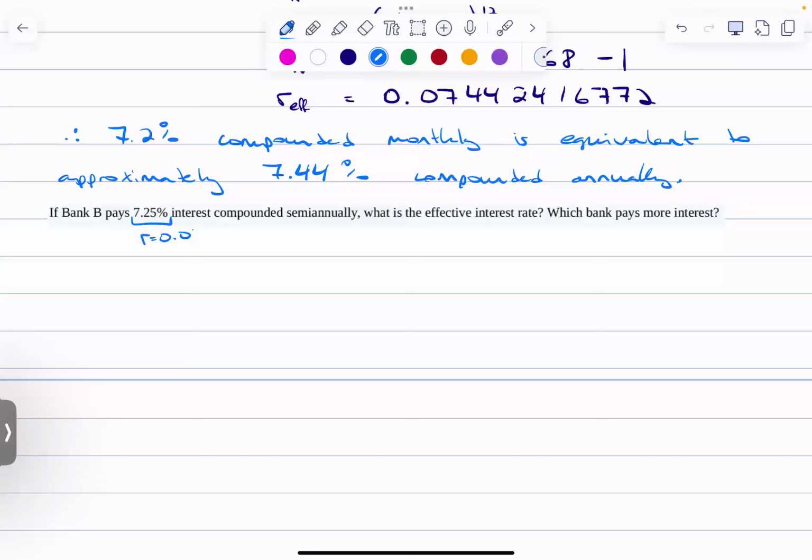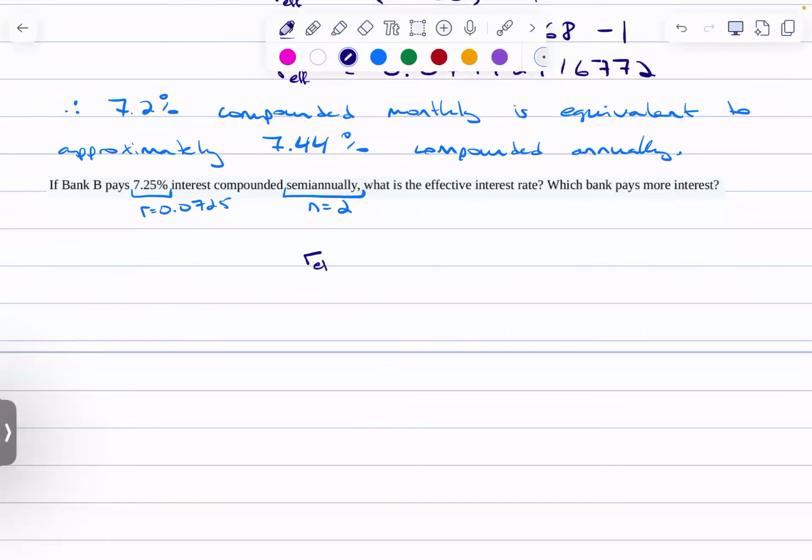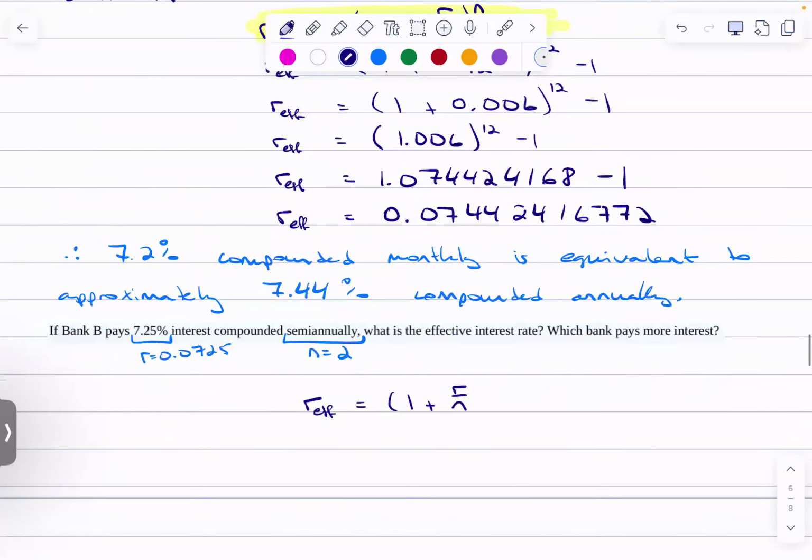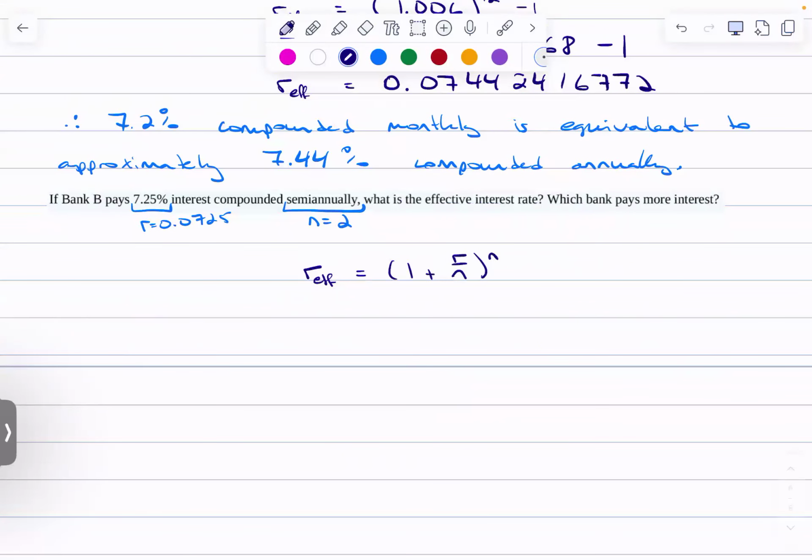R is 0.0725. Compounded semi-annually, that's kind of a tricky one to begin with. That's n equals 2. Right? And we want to find the effective interest rate. 1 plus the R over n to the n, then minus 1.